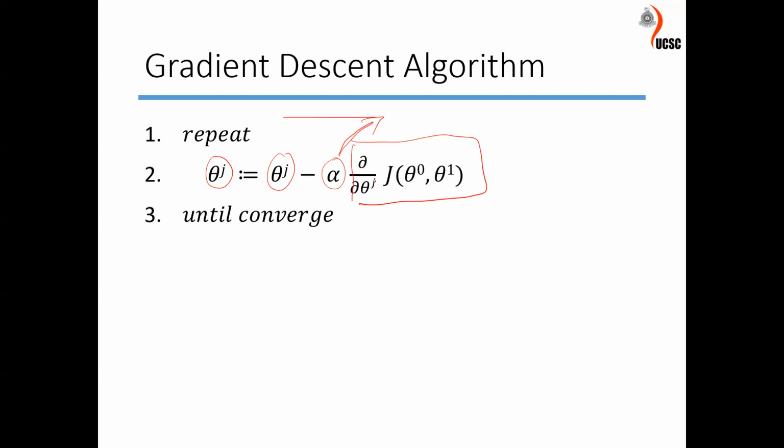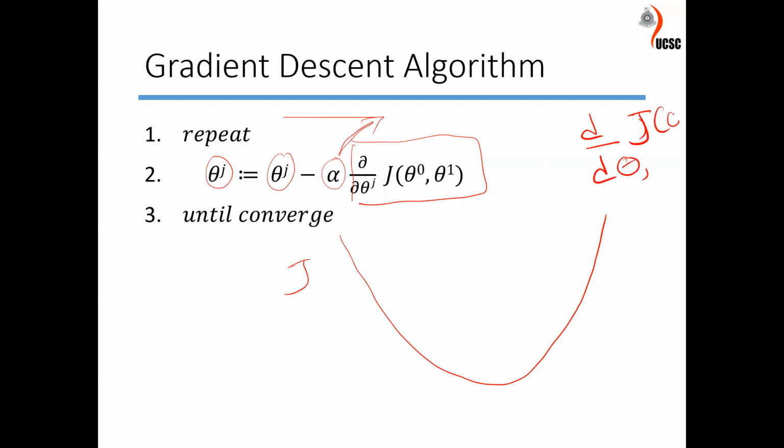As you can see, if we consider our cost function J like this, and if you derive this J function, if you're familiar with derivation, that gives the gradient.